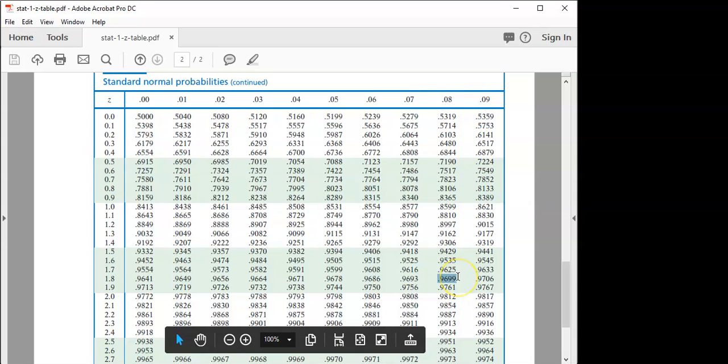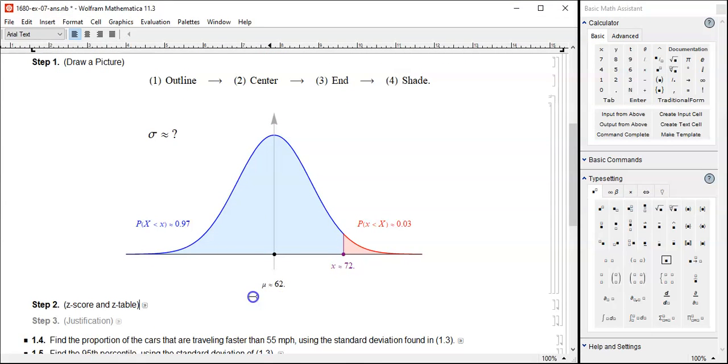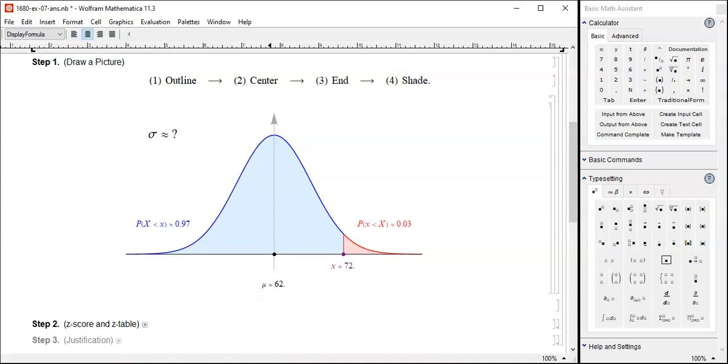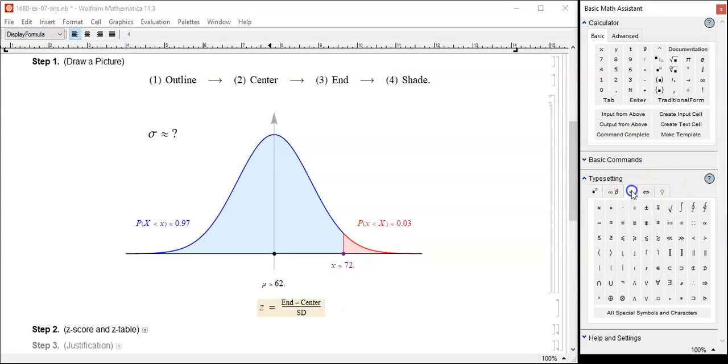That's where we have 0.9699. 0.9706 is a bit too far away. So let's take 1.88. So that's what your z-score is. So z is equal to n minus center over SD. And that's approximately equal to 1.88.